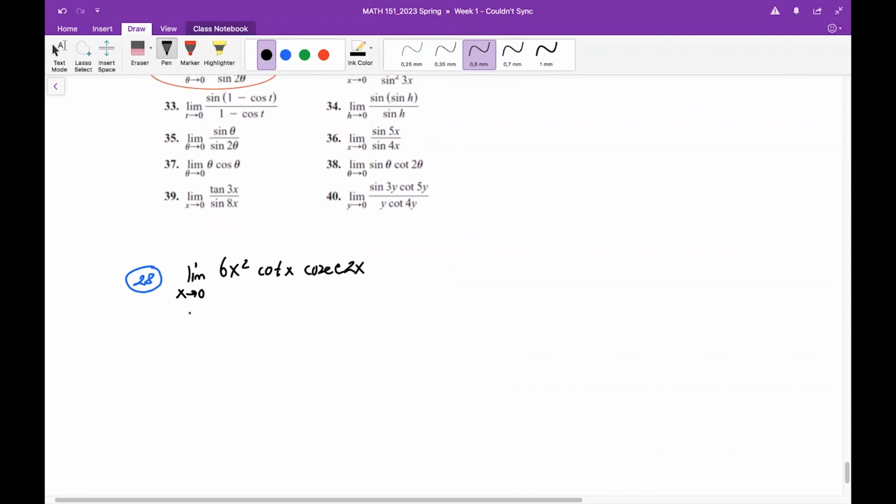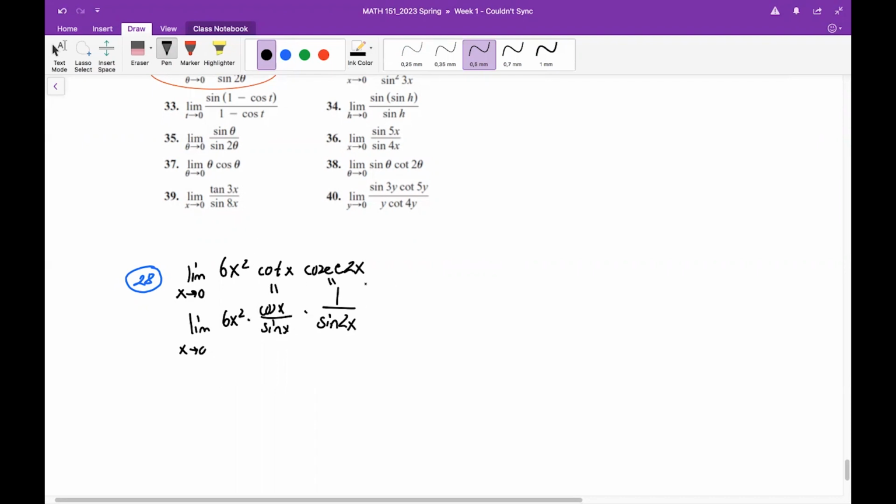To understand this, we need to rewrite trigonometric expressions in a nicer way, like cotangent x is in fact cosine x over sine x. Cosecant 2x is 1 over, who remembers the trigonometric identity for cosecant 2x? 1 over sine 2x, okay? You need to know such trigonometric expressions.